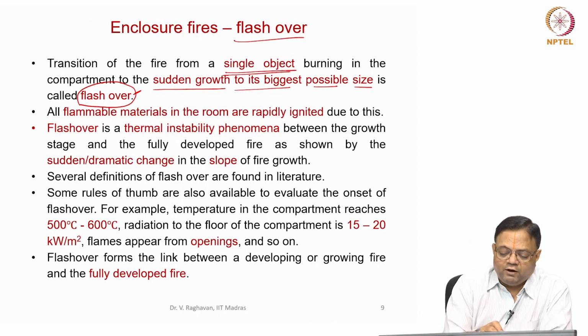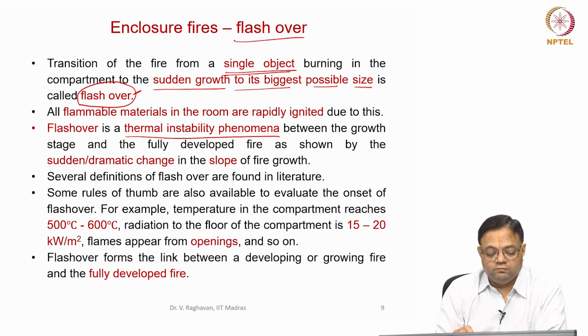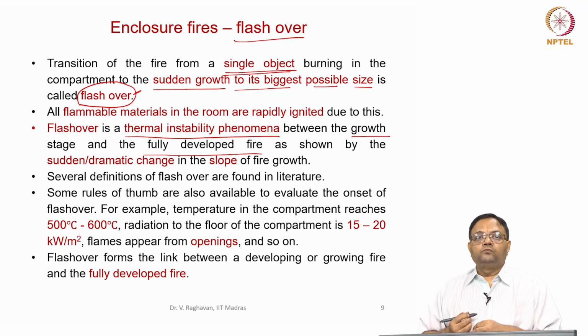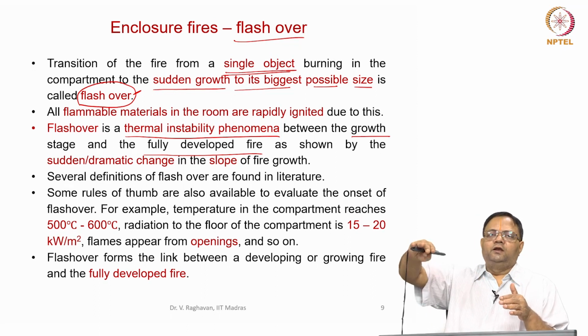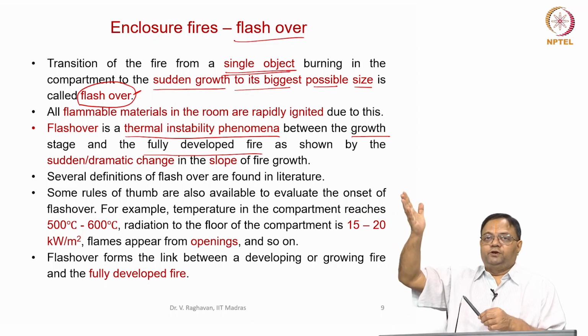Now, flashover basically can be seen as a thermal instability phenomenon between the growth stage and the fully developed fire. In the growth stage, something is growing initially linearly, then non-linearly, but a rapid increase occurs to the fully developed stage.